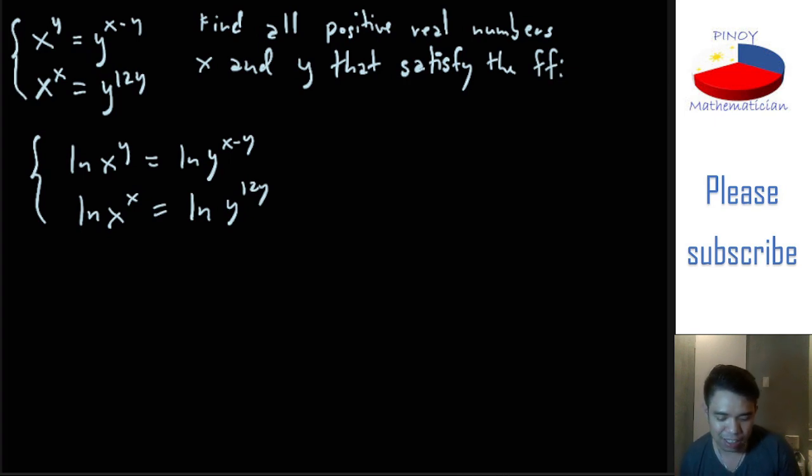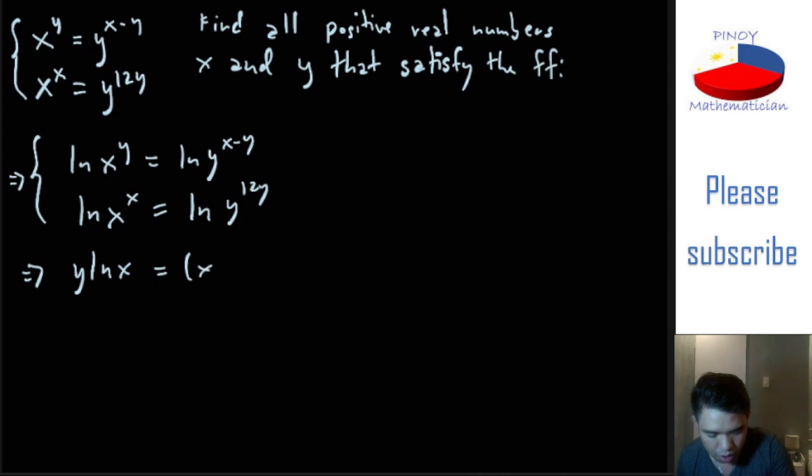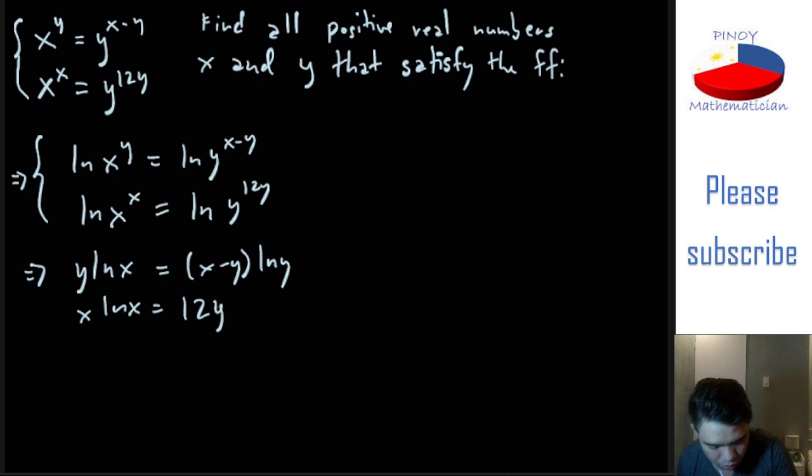So we're gonna put the exponents at the side: y ln x equals x minus y ln y. The same here, x ln x equals 12y ln y.